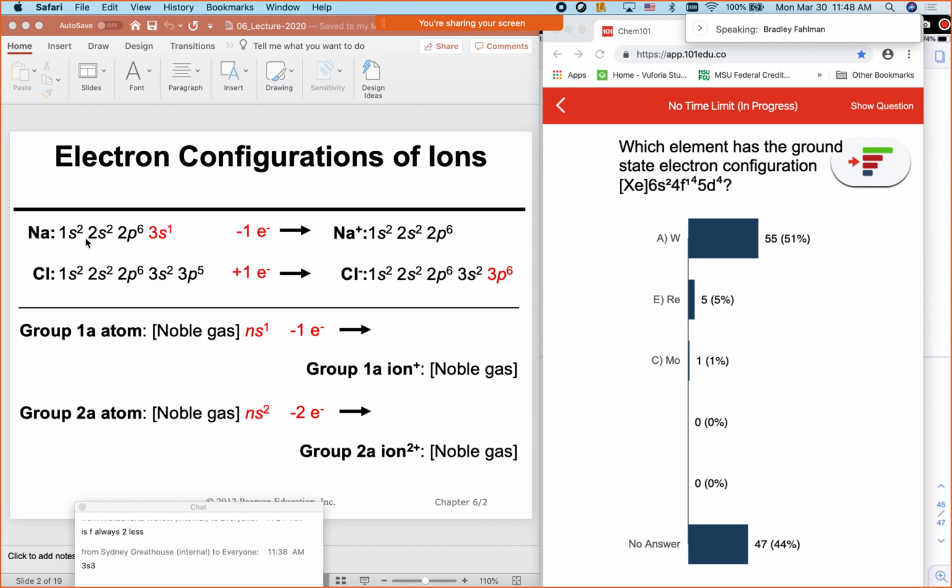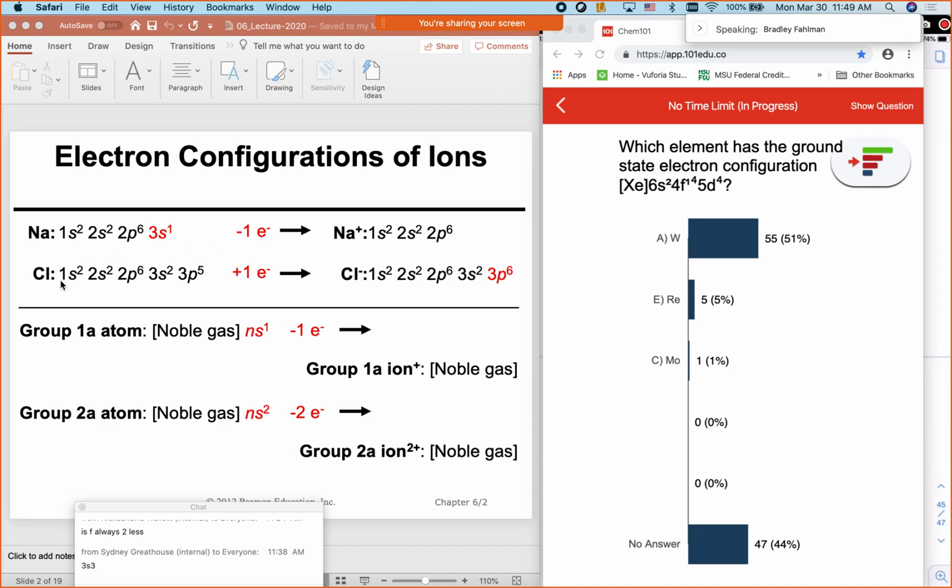We're going to talk about the main groups today, and then tomorrow we'll get into the transition metals, which get a little more complicated. For the main group, you're just taking away one electron. If it's sodium plus, you just take away the electron that's farthest from the nucleus. So it's the 3s that would go away.